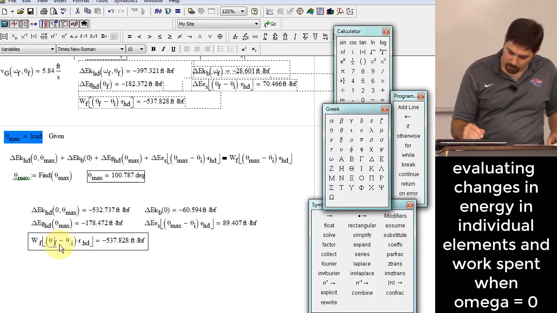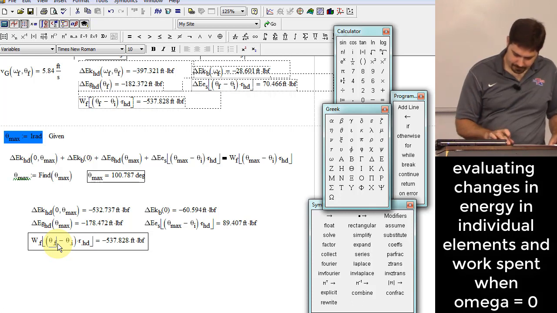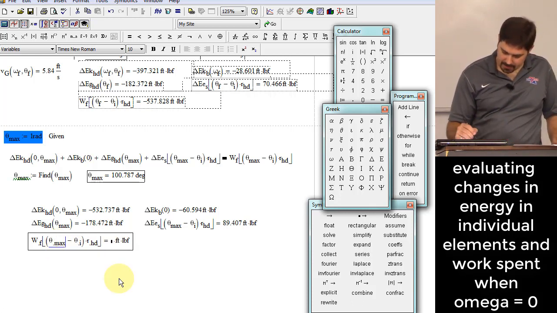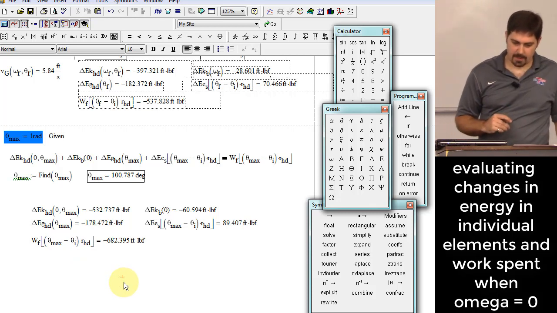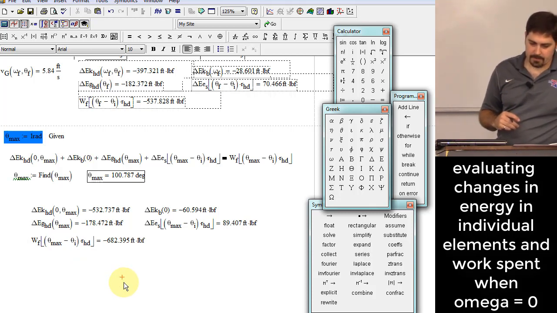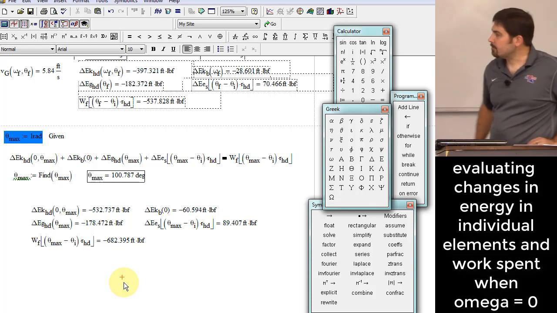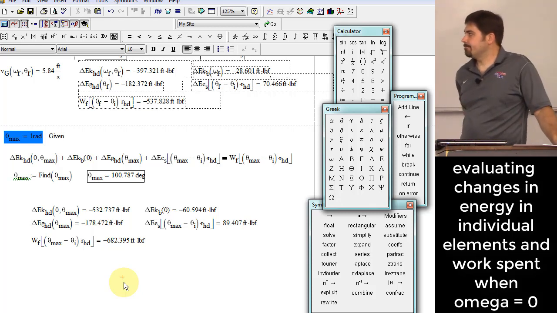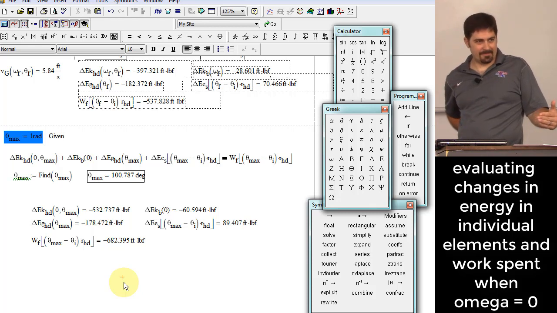And then for the work, we put in theta max like that. And that's how much work was done. You know, by work, it's basically energy transferred into the system, right?